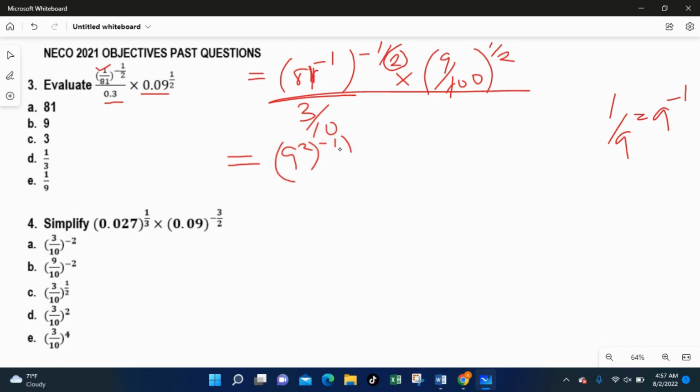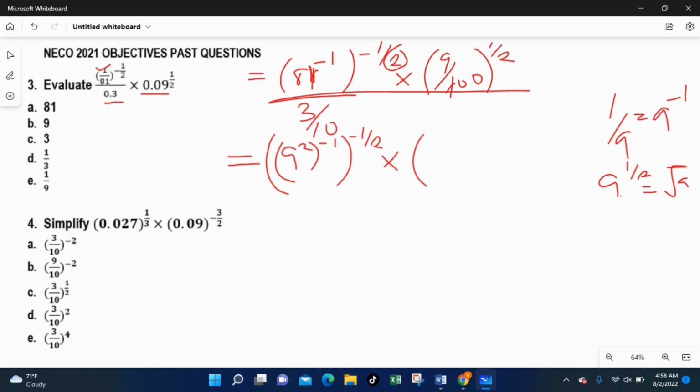all in brackets, minus 1, raised to minus 1 over 2, times this other one. Remember, in the law of indices, when you have a raised to power 1 over 2, this is equal to the square root of a.